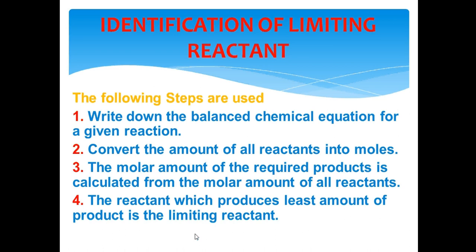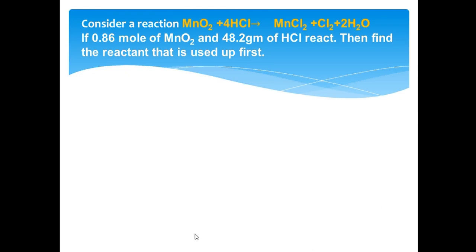Dear students, let's start to apply these steps on the following problems. Number 1, look at this problem. In this problem, two reactants, manganese dioxide and hydrochloric acid, react to form manganese chloride, chlorine gas and water.